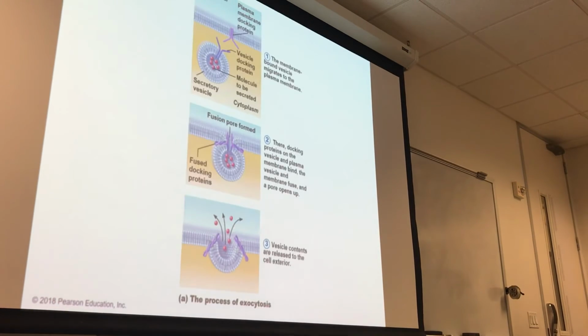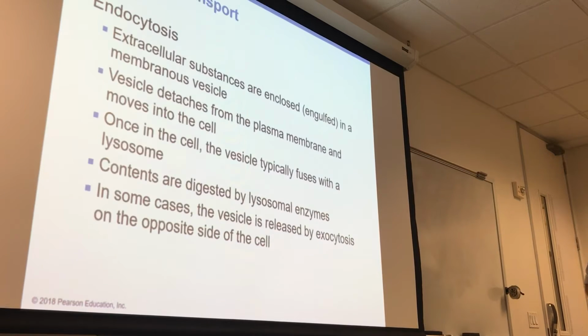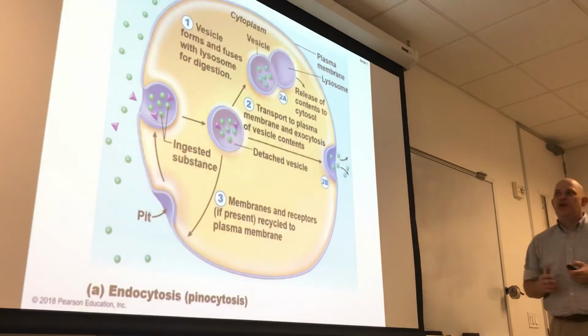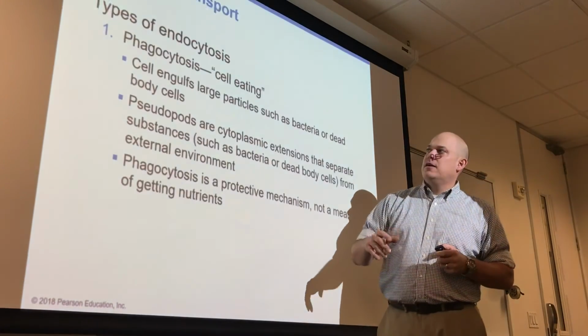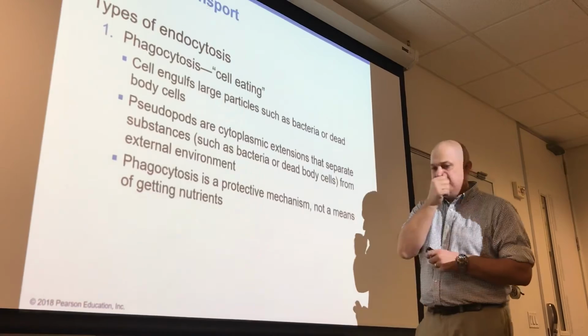On the contrary, endocytosis is the movement of materials into the cell. And there are two different fashions with which we move materials into the cell in an active way. The first one is called phagocytosis.